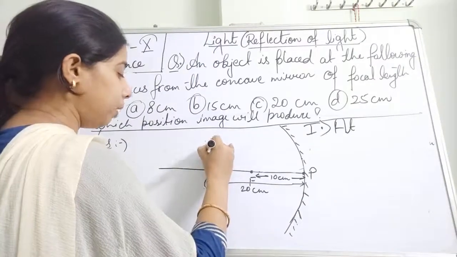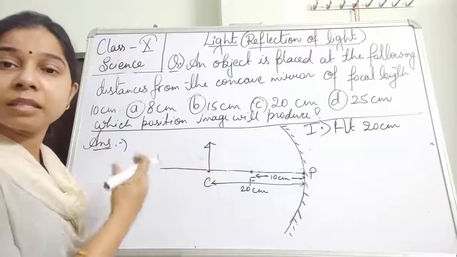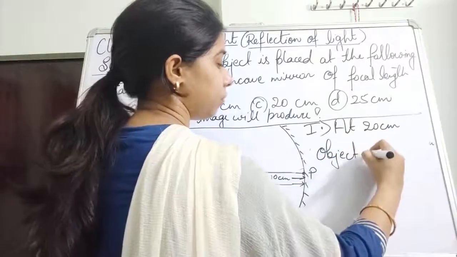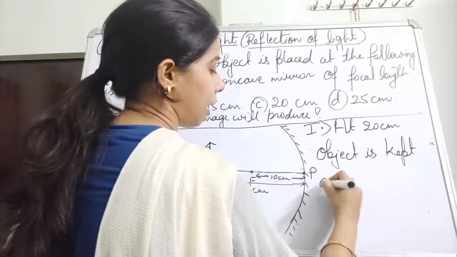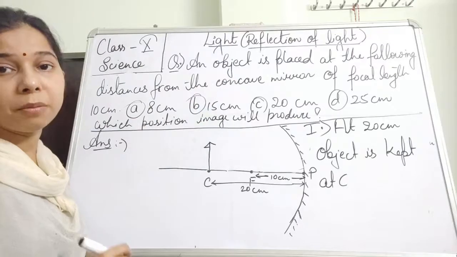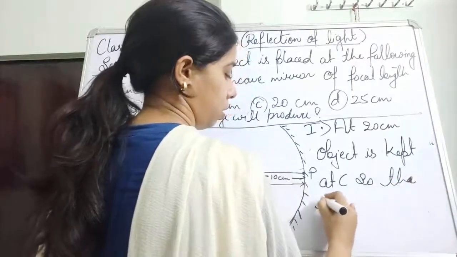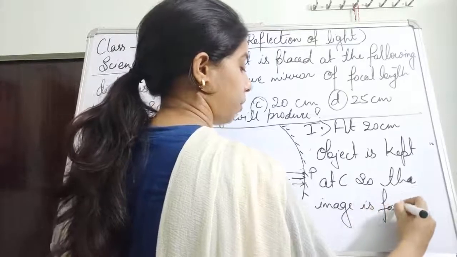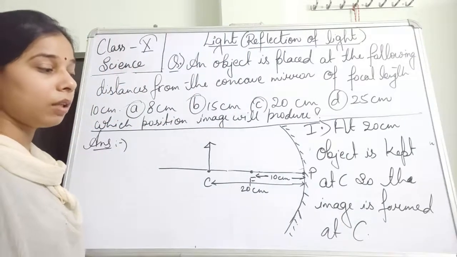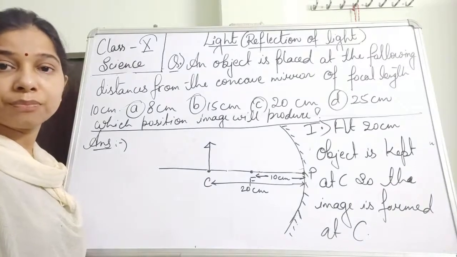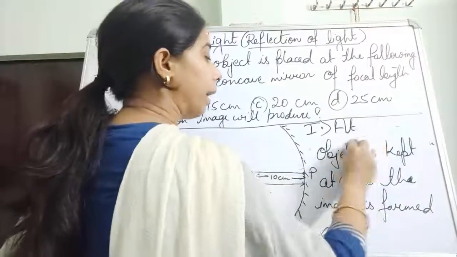So here we are keeping the object at the center of curvature, because of that we say the object is kept at 20 centimeter, which means it is kept at C. If the object is kept at C, the image will also be formed at C. Okay, at 20 centimeter the object is kept at C, so the image is formed also at C. Now let us look at what will happen when we keep the object at 25 centimeter.